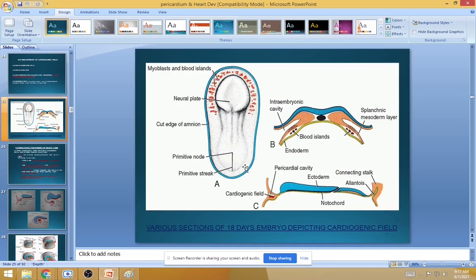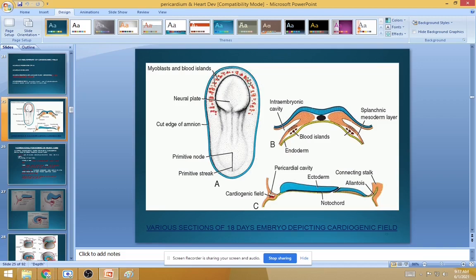While that whole process was going on, some of the cells from the epiblast migrate through this primitive streak and lie in the mesoderm in front of the neural plate. They form an area shaped like a horseshoe.